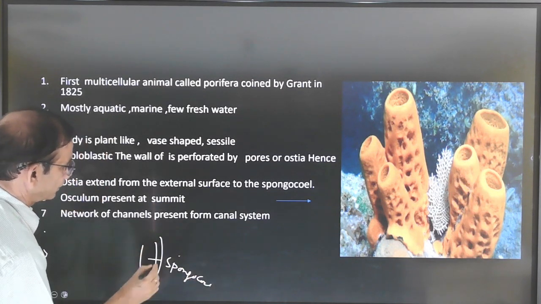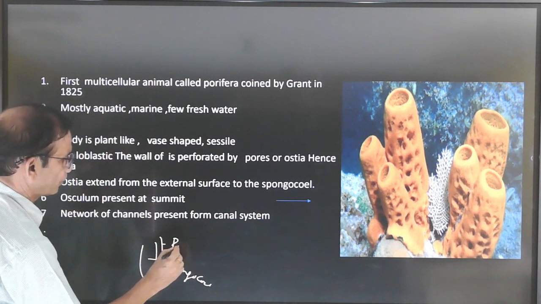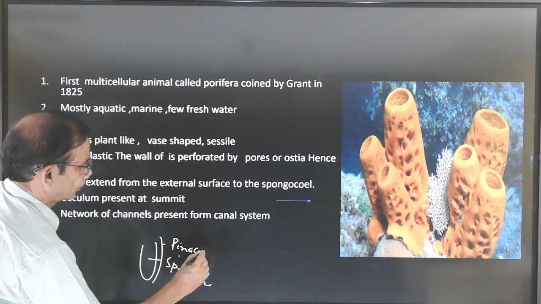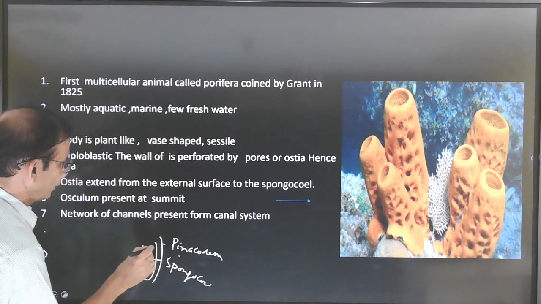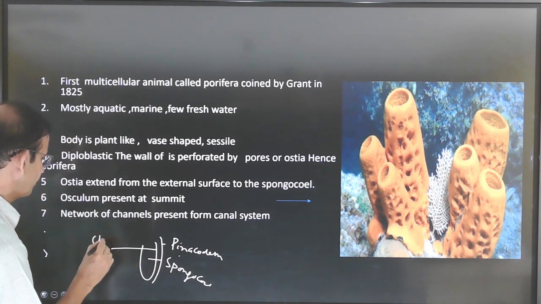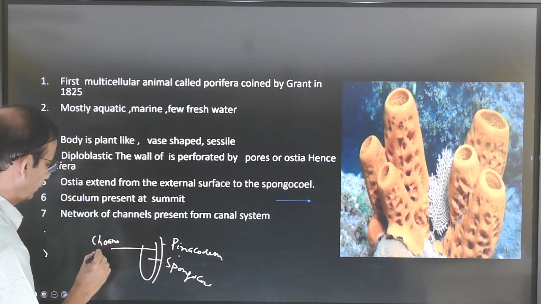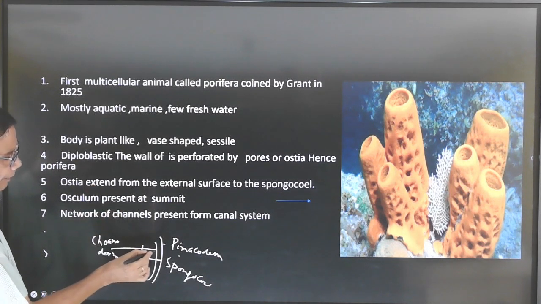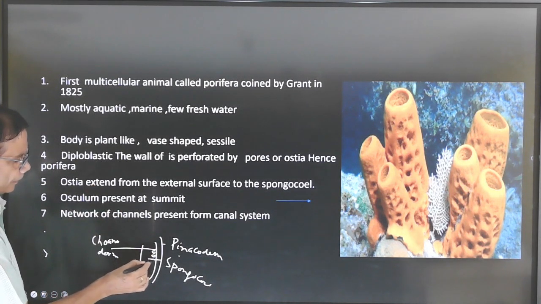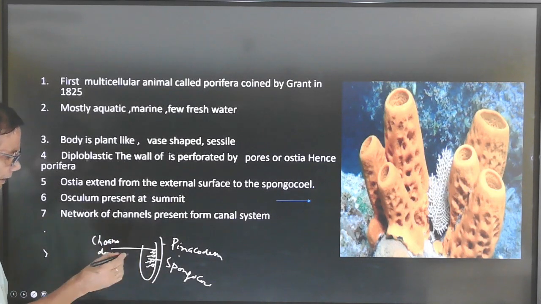And the outer layer is called pinacoderm, and this is called choanoderm. The choanoderm layer has some flagellated cells. These are the flagella, these are the flagellated cells.